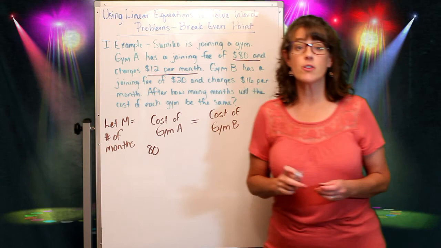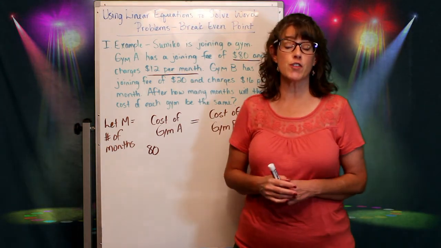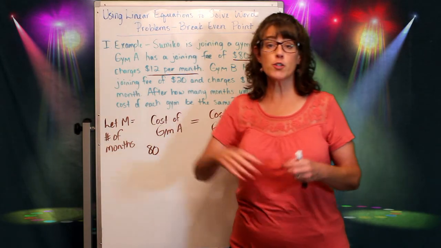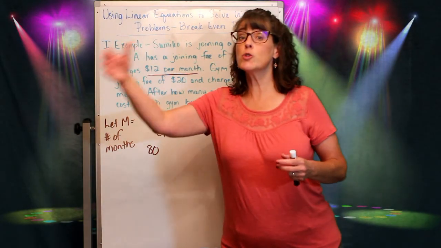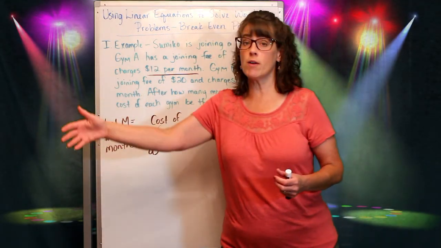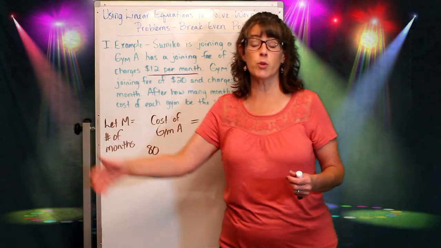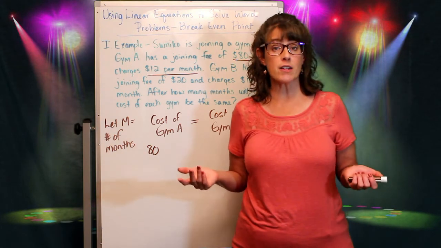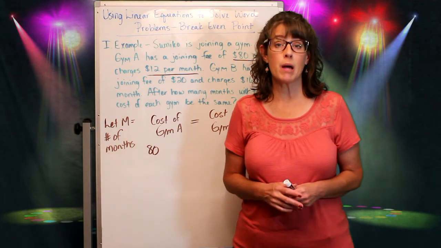So what happens here in Gym A is it's $12 for each and every month. And we've looked at this idea before, that it's going to be $12 in the first month, another 12 in the second month, another 12 in the third month, another 12 in the fourth month. Rather than adding up 12, 12, 12, 12, 12, what would be faster? Yes, multiplying by 12.